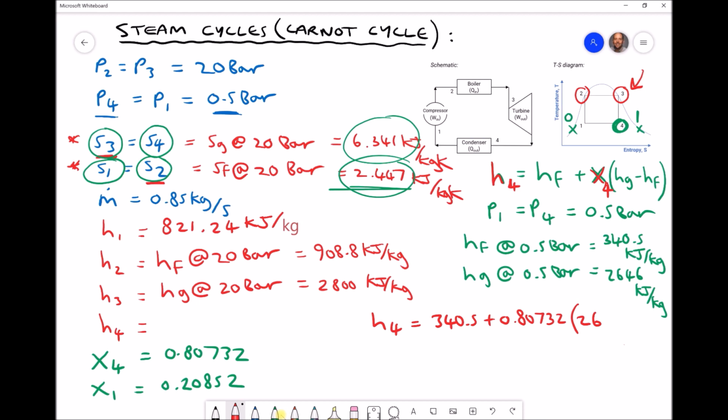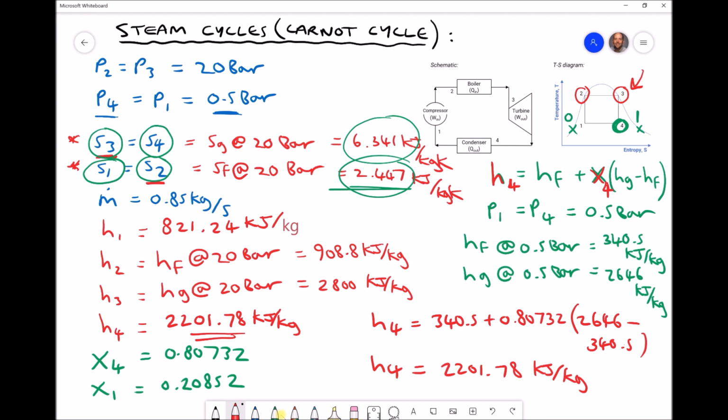Hg remains the same, 2646, and HF remains the same, 340.5. This time giving us an enthalpy at position 4 equal to 2201.78 kilojoules per kilogram. So making a note, 2201.78 kilojoules per kilogram.